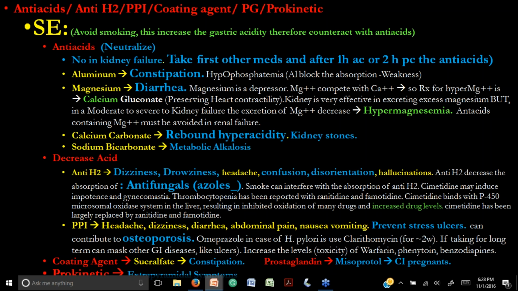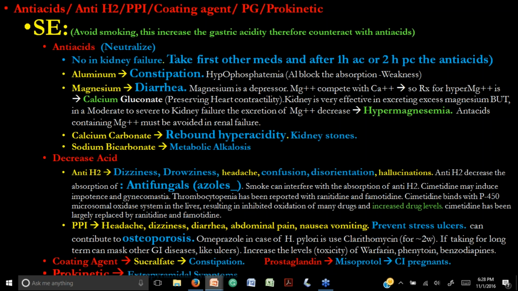Another high yield for NCLEX about the anti-H2 is that they are going to decrease the absorption of the antifungals, especially the azoles. What are the azoles?